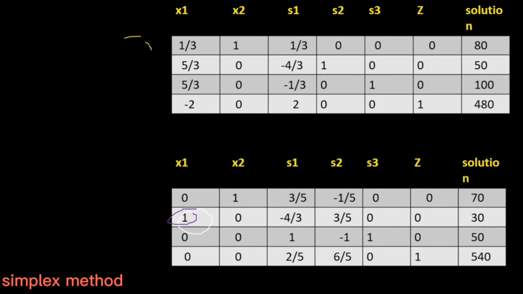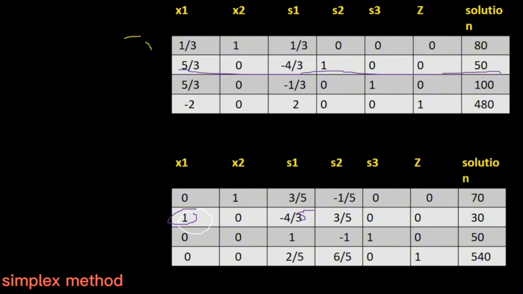Where is row 2? That is this one. 0 divided by 5 on 3, you have 0. Negative 4 divided by that is... here is 4 on 5, sorry. Not 4 on 3, here is 4 on 5. 1 divided by 5 on 3, you have 3 on 5. 0 divided by 5 on 3, you have 0. 0 divided by 5 on 3, 0. 50 divided by 5 on 3, you have 30.